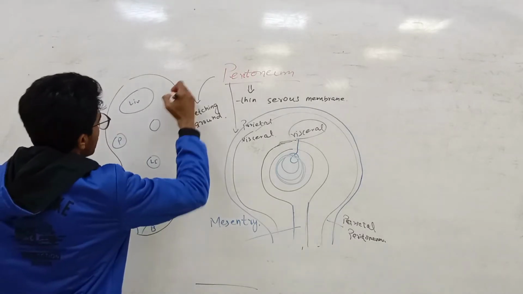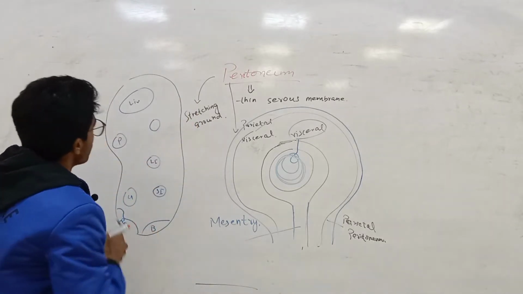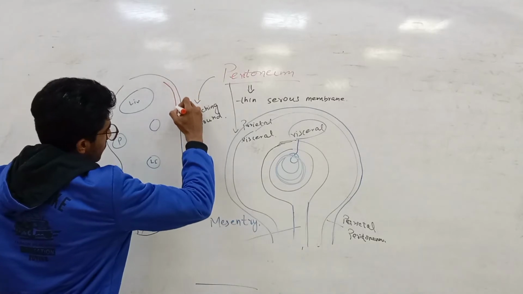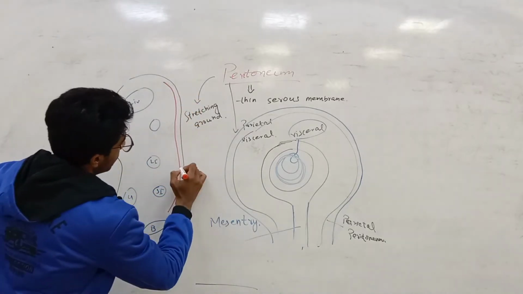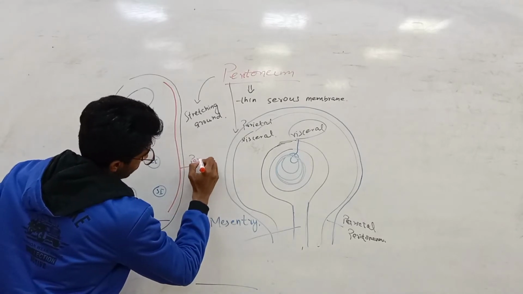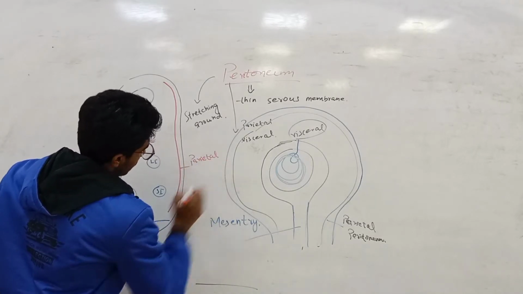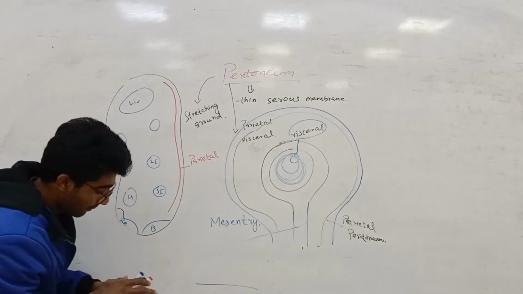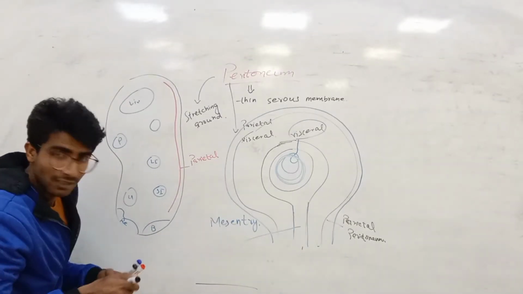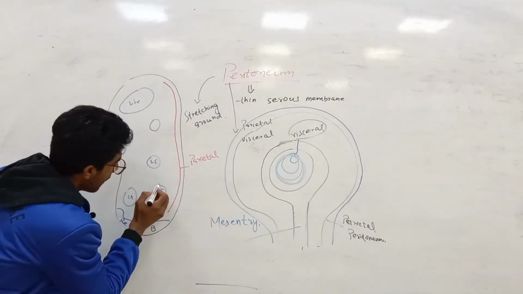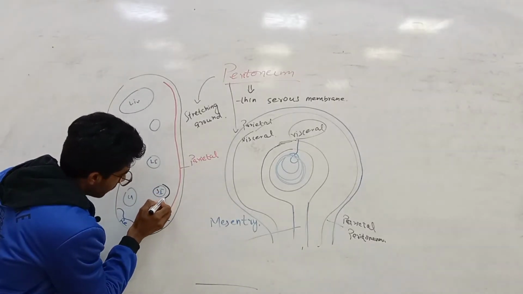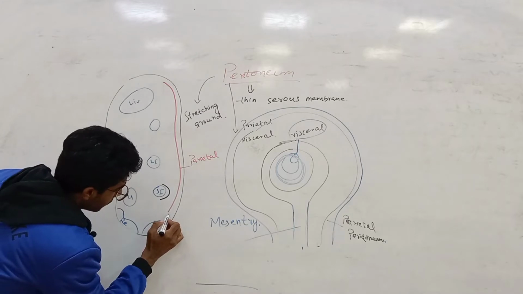Guys, look here. The layer which is near to the abdominal area, this is parietal. But the layer which always covers the organs, it covers the organ and it started from here.